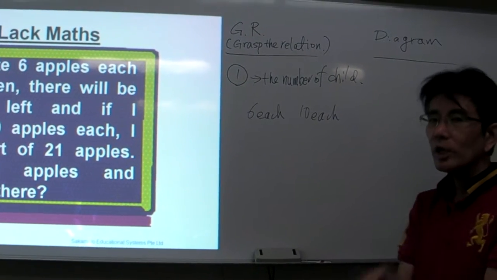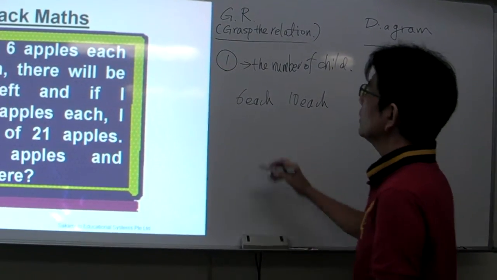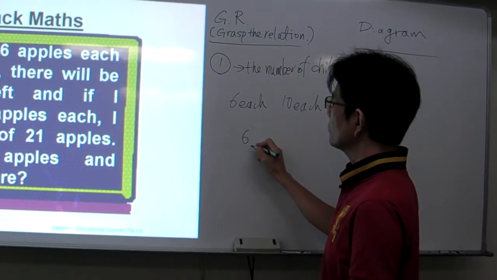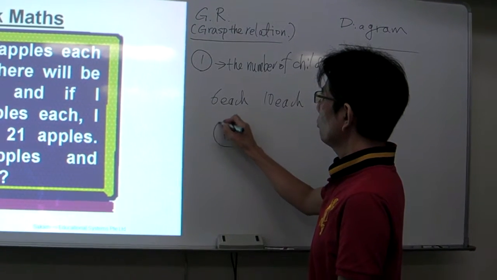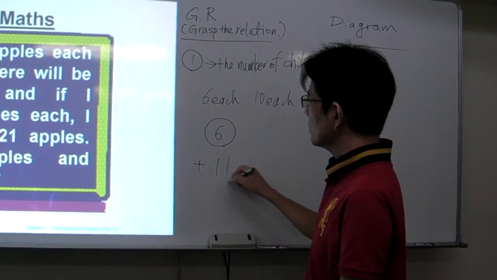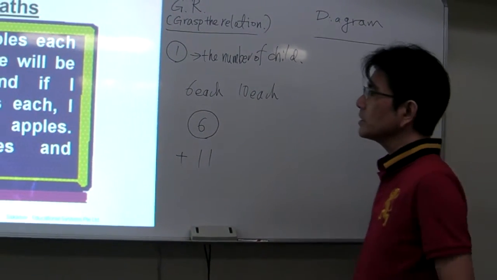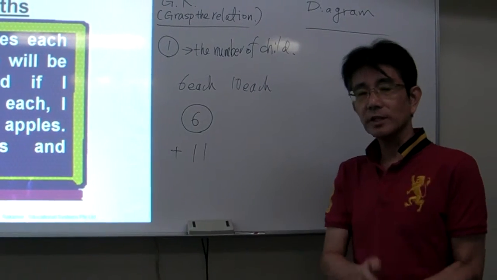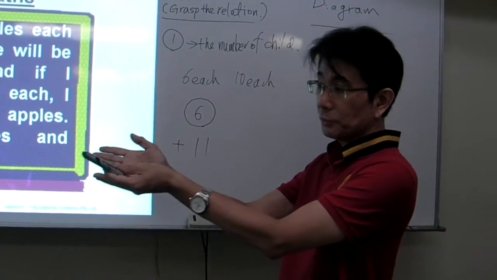So if you count the total number of apples, each child gets 6 apples. The number of children is 1 circle, so 6 circles of apples, plus the remaining 11 apples. This is the total number of apples. Whereas, if I try to give 10 apples each, there are no more apples left for you.